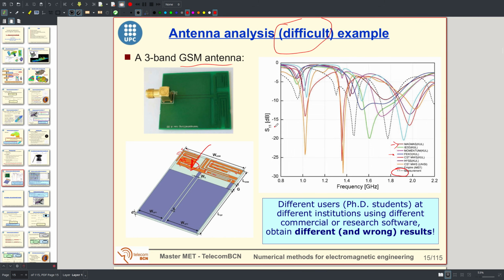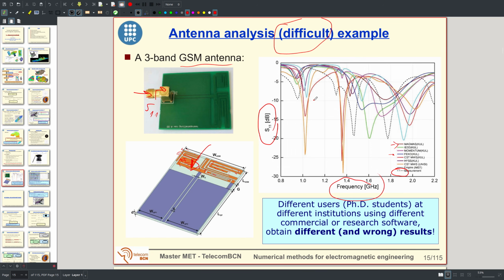This is the input reflection coefficient S11 at the feeding port of the antenna, which is this here, versus frequency. And what you get with different software is different.